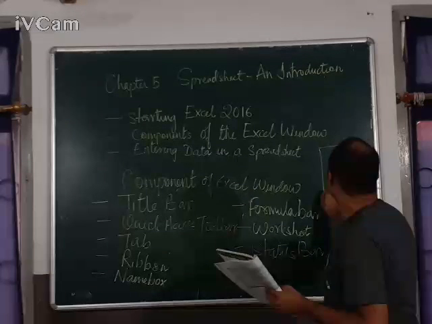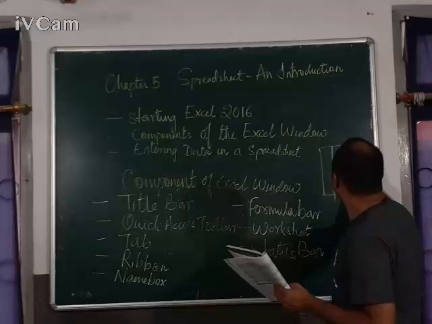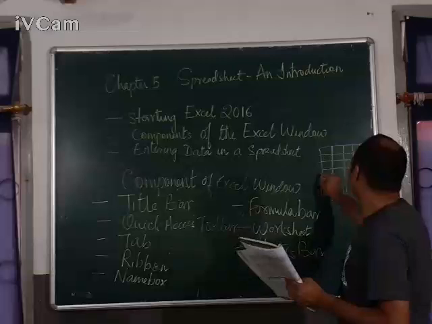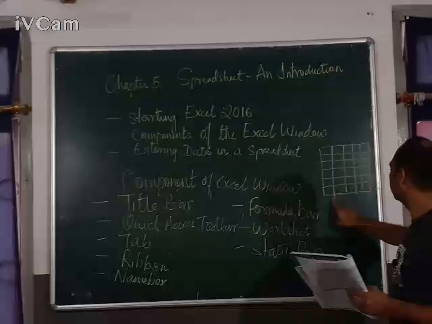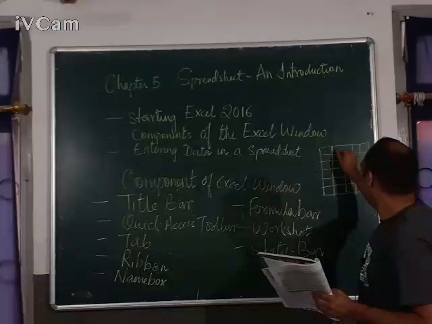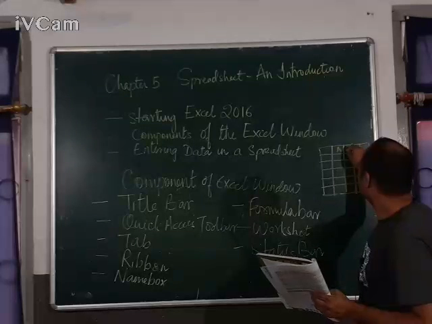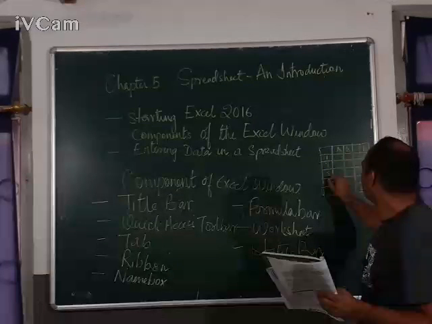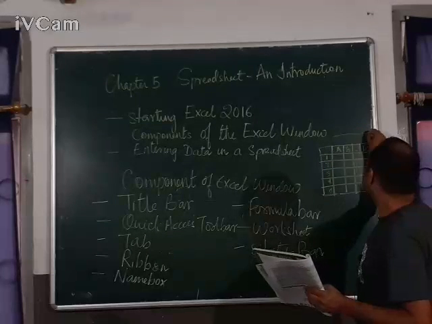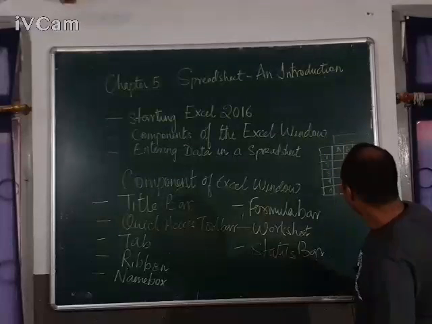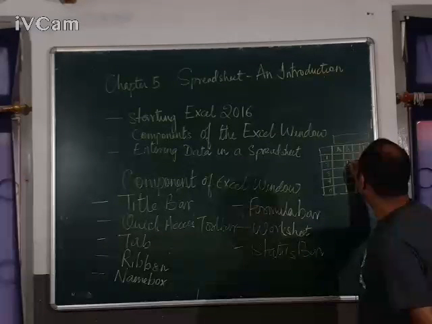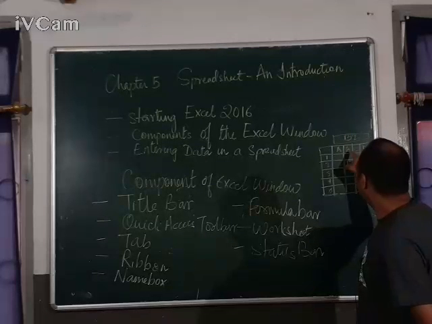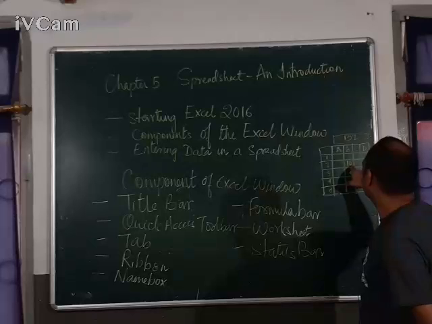Suppose this is the window. Now suppose this is the formula bar. Now if you click here to write 10, then it will be written B2. That means B column, second row, that is the address.